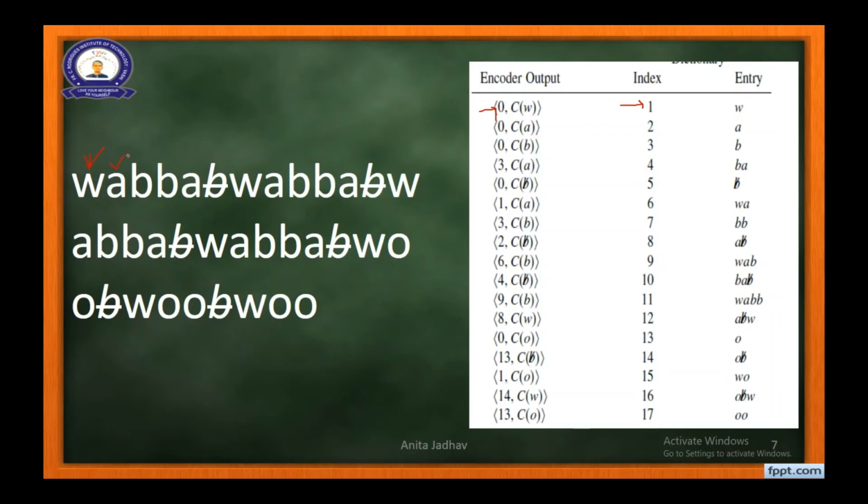You have done A, you have done B, and then you have finished with BA. So you check the entry, and the fourth becomes BA.